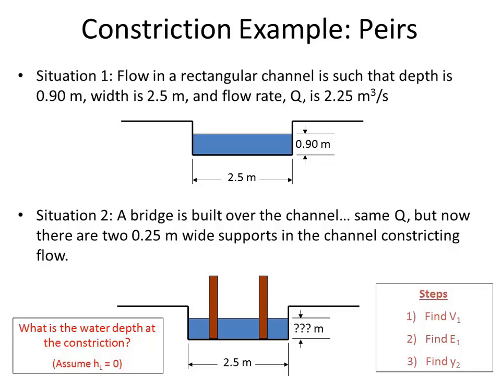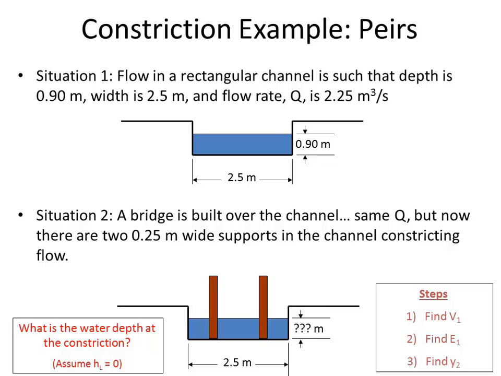So the flow per unit width is 2.25 cubic meters per second divided by the channel width of 2.5 meters. And we're going to square that, divided by 9.81 meters per second squared, and take all of that to the 1/3 power. So the critical depth is 0.436 meters.